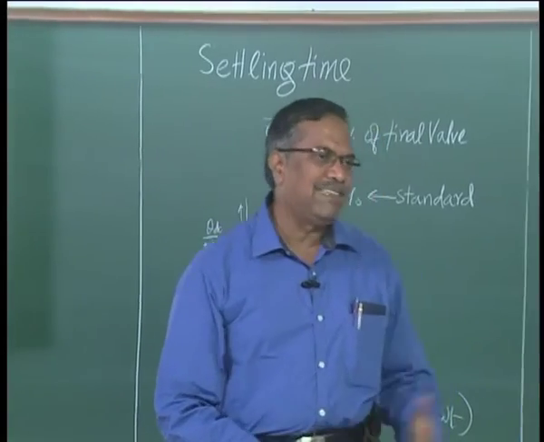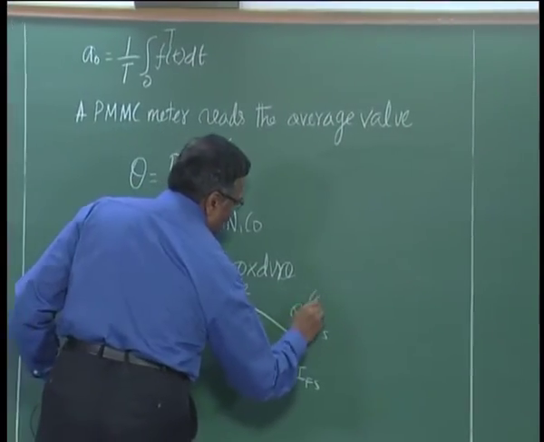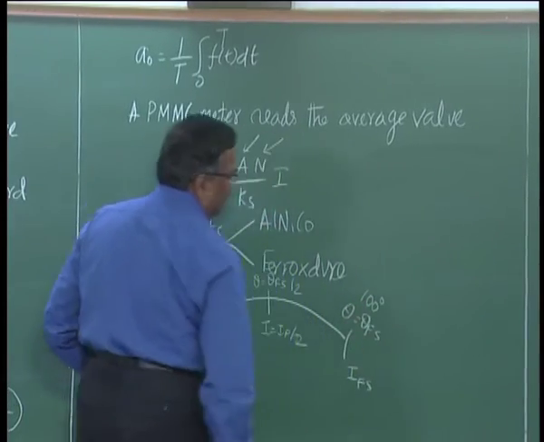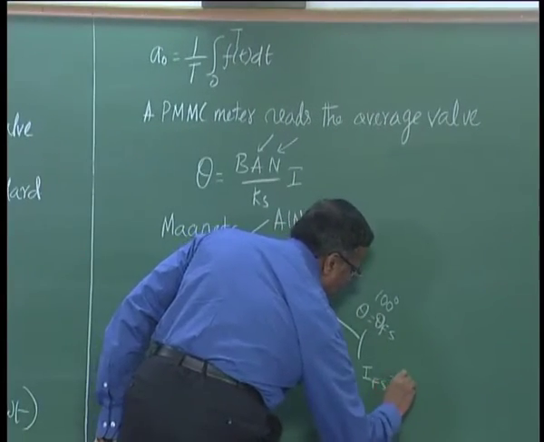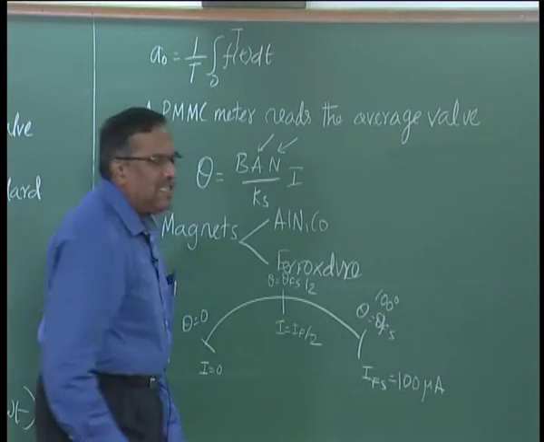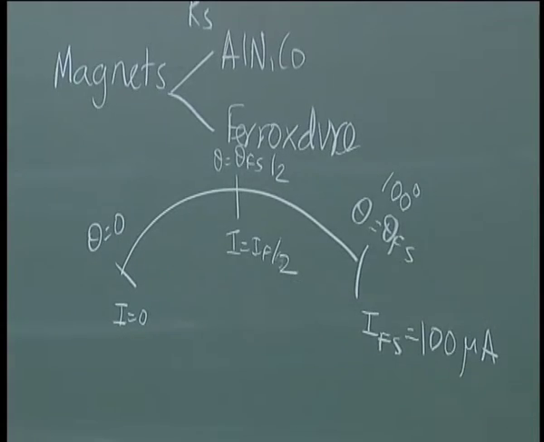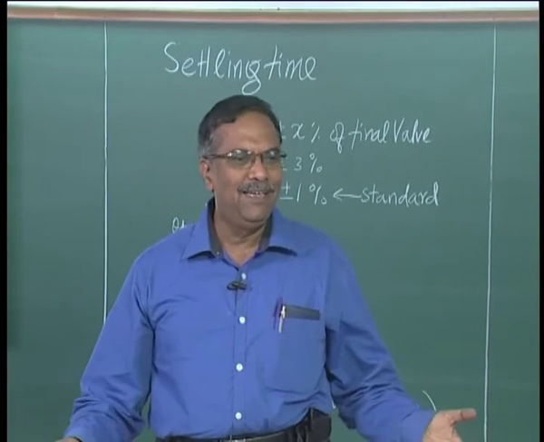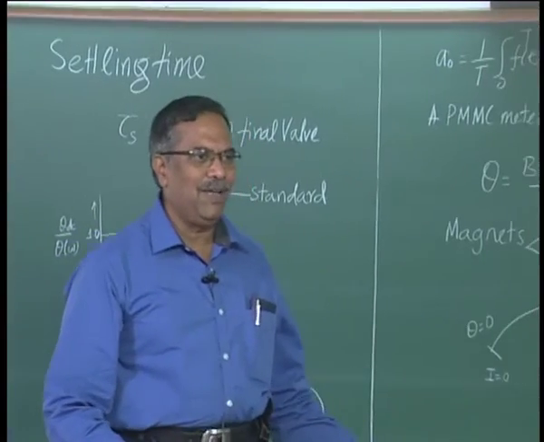So for example, if I make theta full scale to be 100 degrees, and then I make I full scale equal to 100 microamperes. These are actually practical values. Then 50 degrees would be 50 microamperes, 51 degrees will be 51 microamperes, and so on.